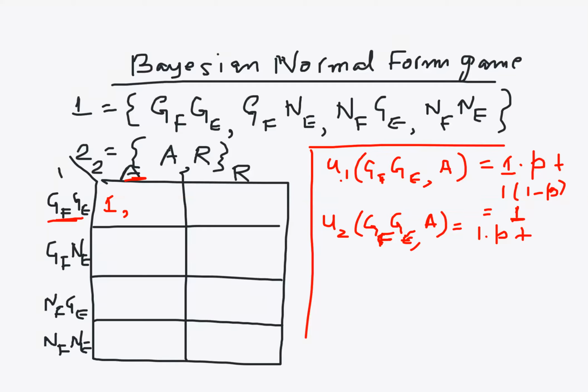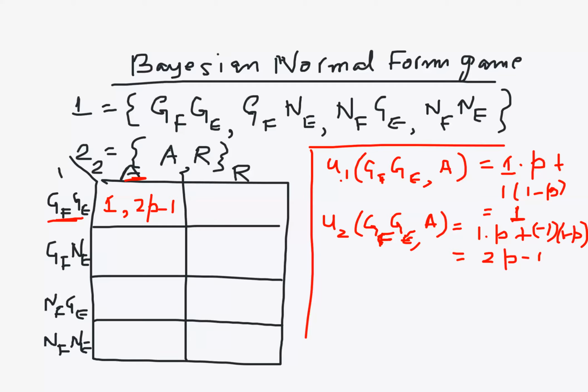So -1 times 1 minus P, that's the probability of player 1 giving gift as an enemy type. So this simplifies to P minus 1 plus P, so 2P minus 1. So this is the payoff of player 2: 2P minus 1.